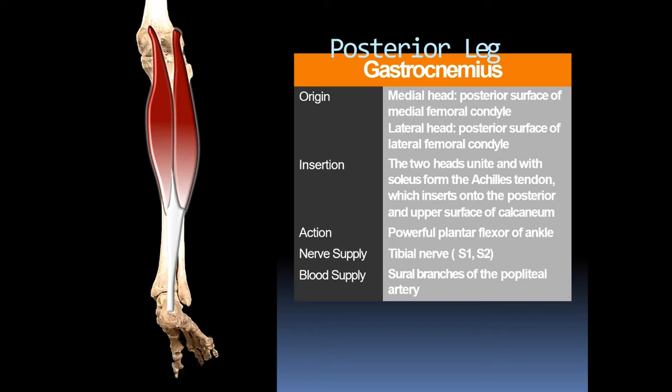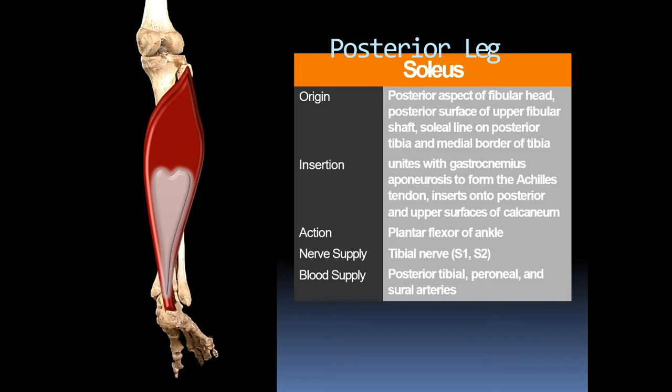The two heads unite and with soleus form the Achilles tendon, which inserts onto the posterior and upper surface of the calcaneum bone of the foot. It's a powerful plantar flexor of ankle joint. Its nerve supply is tibial nerve, which takes origin from S1, S2, and its blood supply is from the sural branches of the popliteal artery.